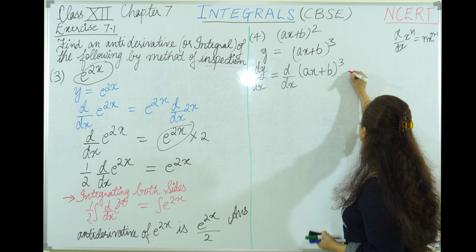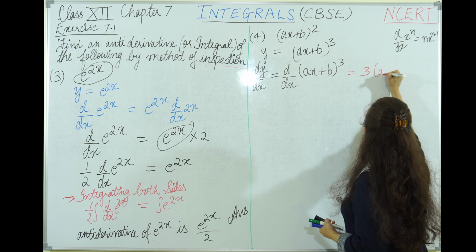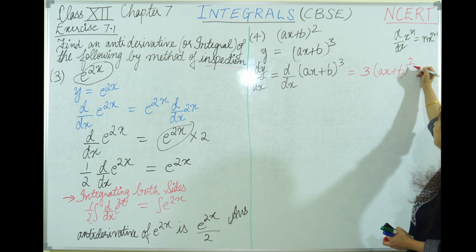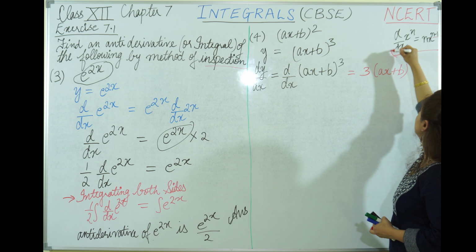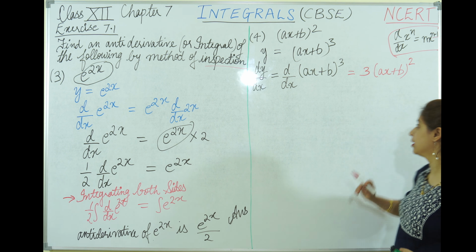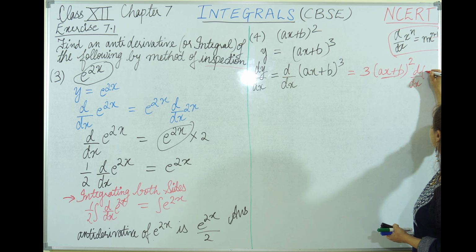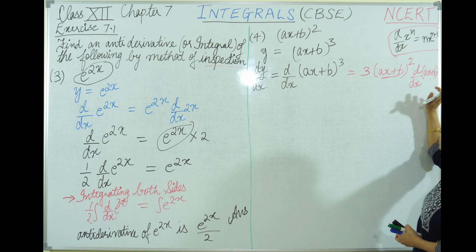It comes out to be 3 (ax plus b) whole square, because it will be 3 minus 1 according to the formula of derivation, so it comes out to be 2. And also, with the chain rule, the derivation of ax plus b has to be done.